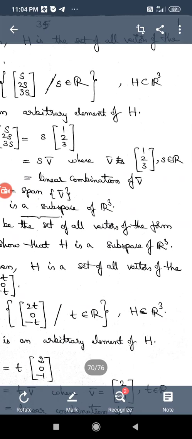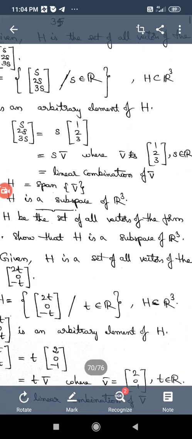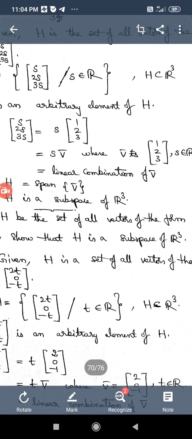With the definition of this set H, we can understand that H is a subset of R3. That means every element of H is a 3 by 1 column vector, which is a single vector, or we can say it is an ordered triad if we look at it in 3-dimensional geometry, so that H is a subset of R3.